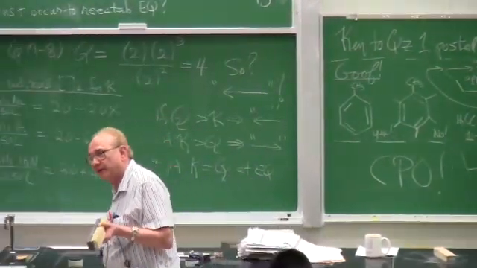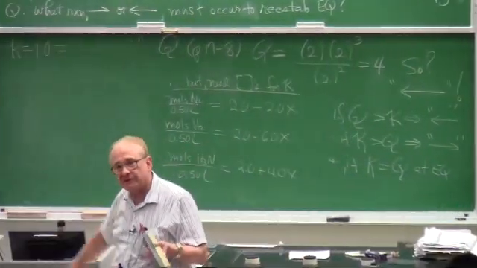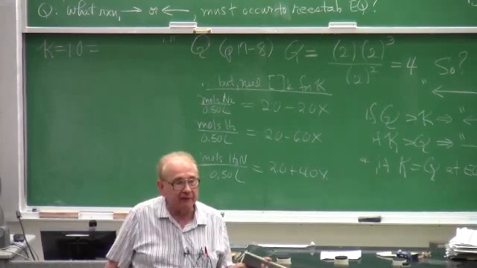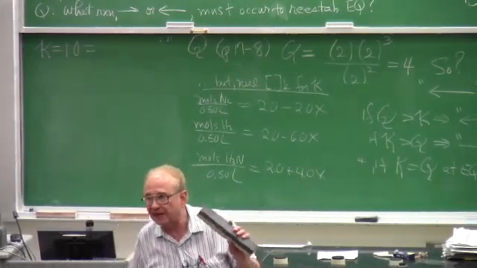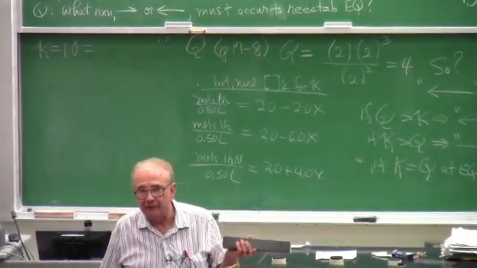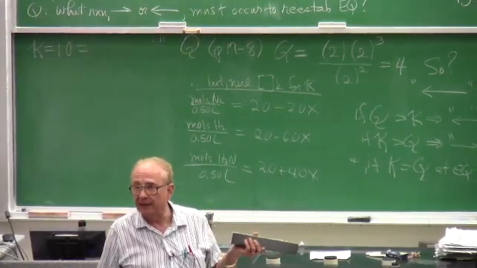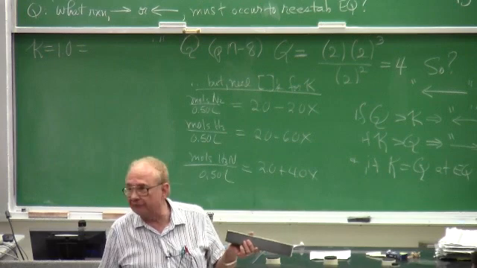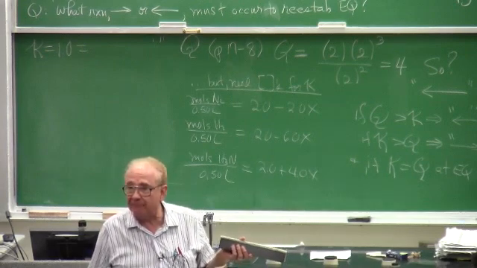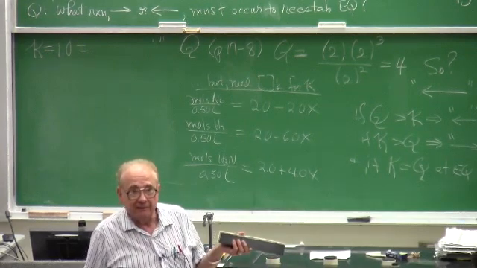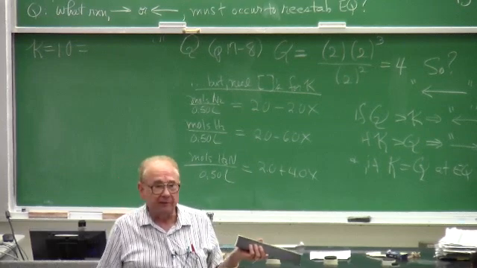Which component of this system shows least ideal behavior in behaving as a gas? Ammonia. Do you agree with that? Why do you agree with that? I don't want you to agree with anything that I say unless you can back it up. You know that ammonia is a hydrogen bonder?